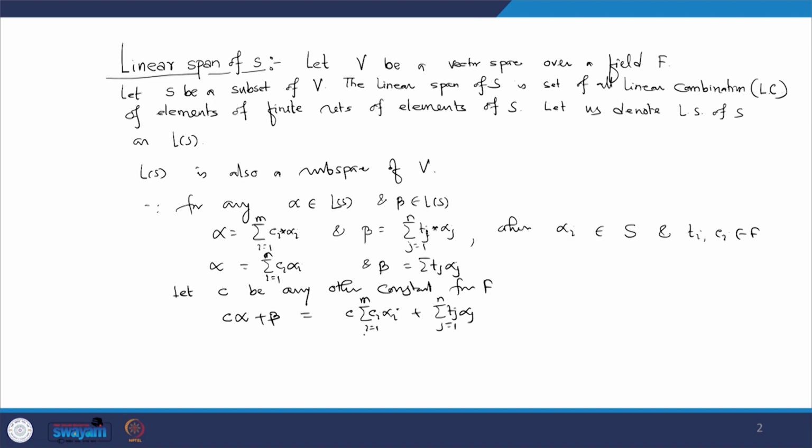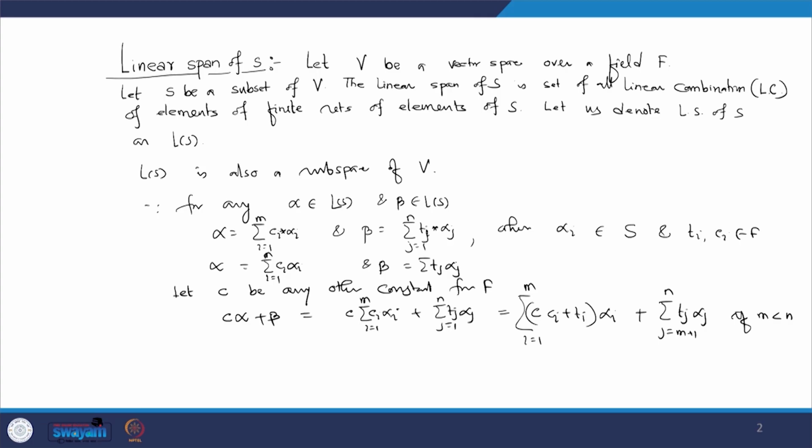If m is greater than n, I can write it in proper form as a linear combination of alpha i, equal to sigma (C Ci plus Ti) alpha i, i equal to 1 to m, plus sigma Tj alpha j, j equal to m plus 1 to n, if m is less than n.